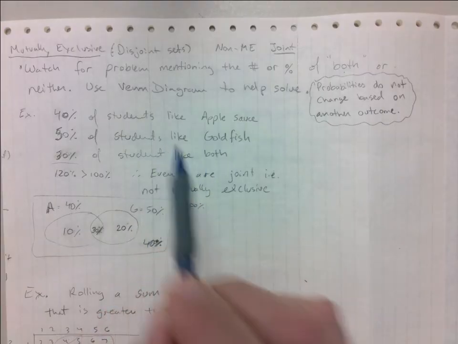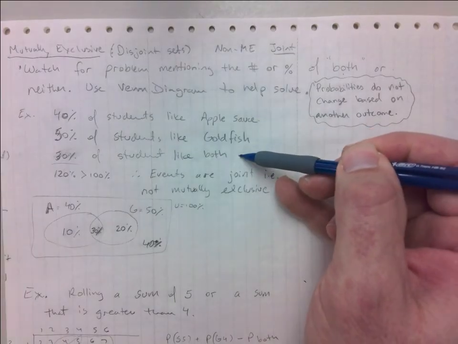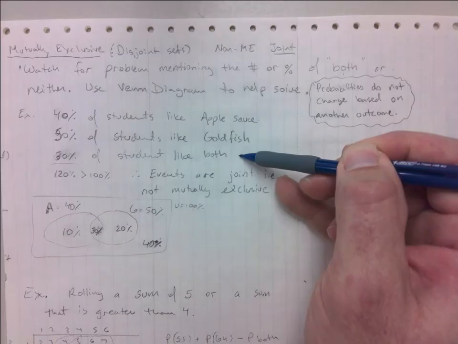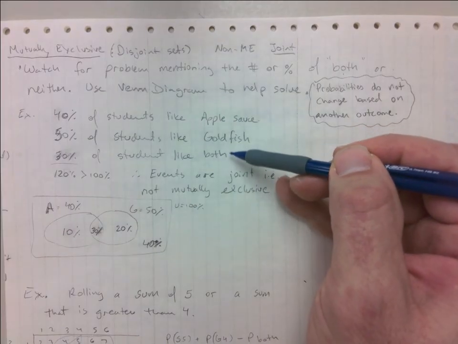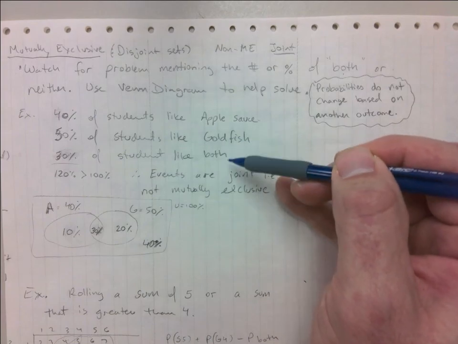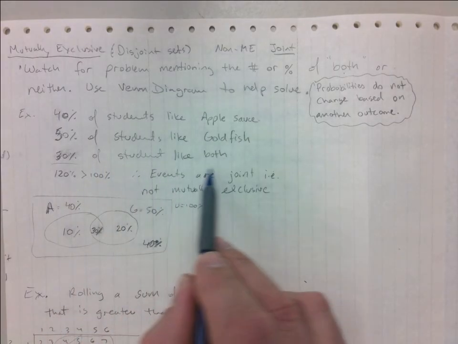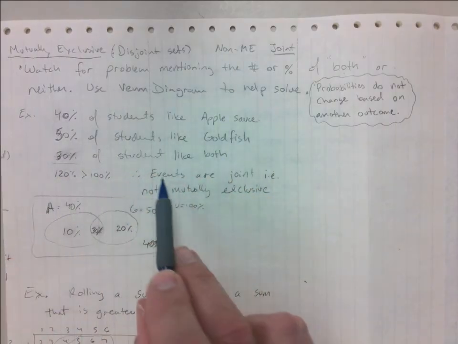So if you have a scenario where they give you set A, set B, and in this case I gave you both, but it could also be set A, set B, and the ones that like neither, in that case, don't use anything else, the dependent events or anything like that. Use Venn diagrams for these ones.